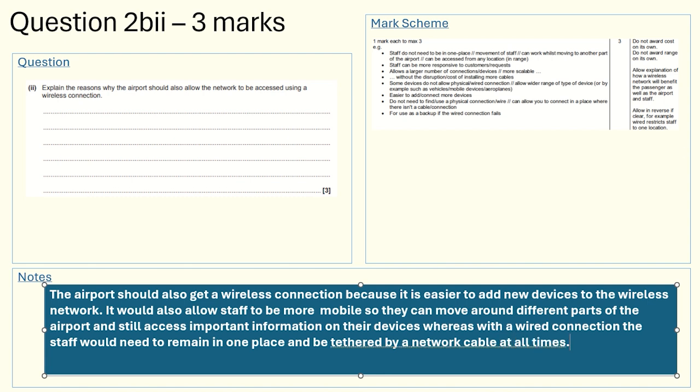So you can see we've got 3 different points there. We've talked about the staff, and we've talked about people being able to get access to the network more easily, and to add devices as well. So that would be a 3-mark answer.